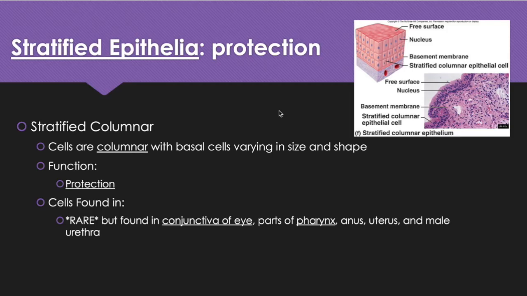And again, these are rare. We have these in the conjunctiva of our eye. If you've ever had pink eye, also called conjunctivitis, it's the infection of the conjunctiva in your eye. We have it in parts of our pharynx or your throat, as well as the anus, uterus, and the urethra in males.